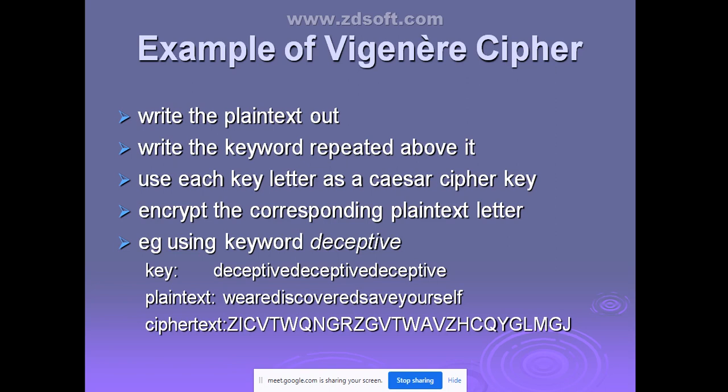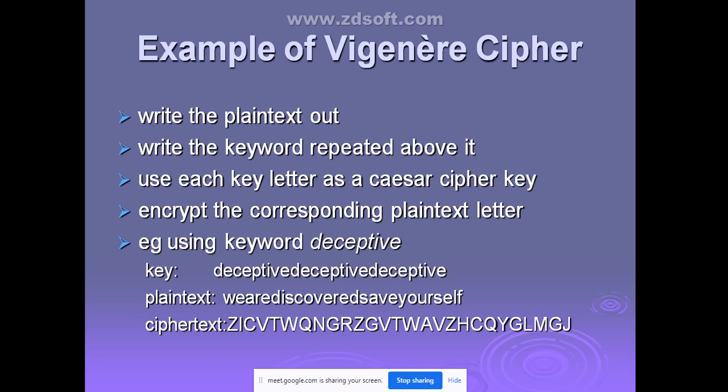For example, I'll show you the example here, then only we'll come to know. Go through the example of how the Vigenere cipher works. See here, the key I am considering is deceptive. Is the slide visible, guys? Yes, ma'am. The plain text we consider is: we are discovered save yourself.